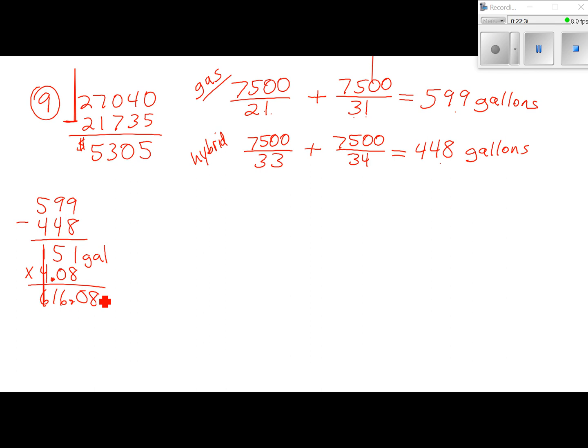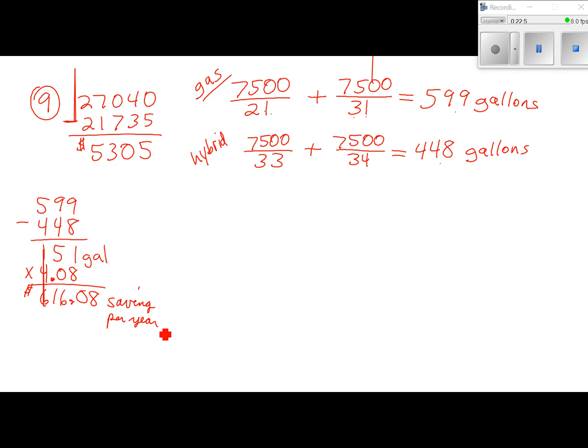So he's saving about $616.08 per year. That's what he's saving per year on the gas that he doesn't have to buy.